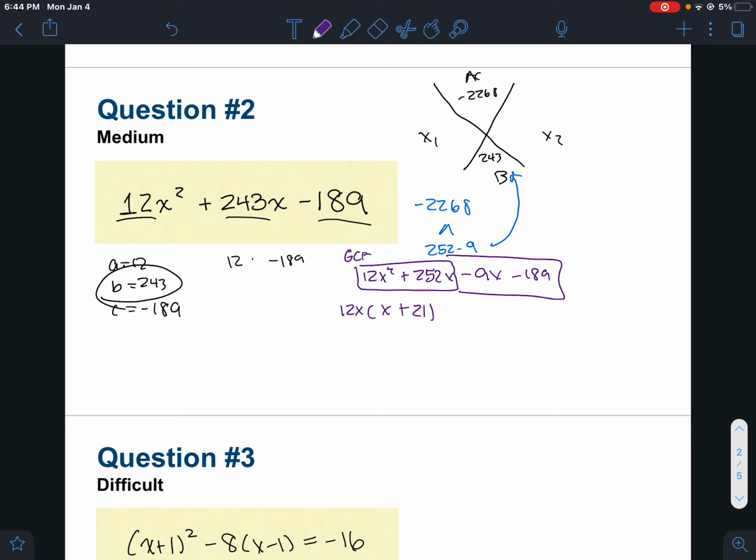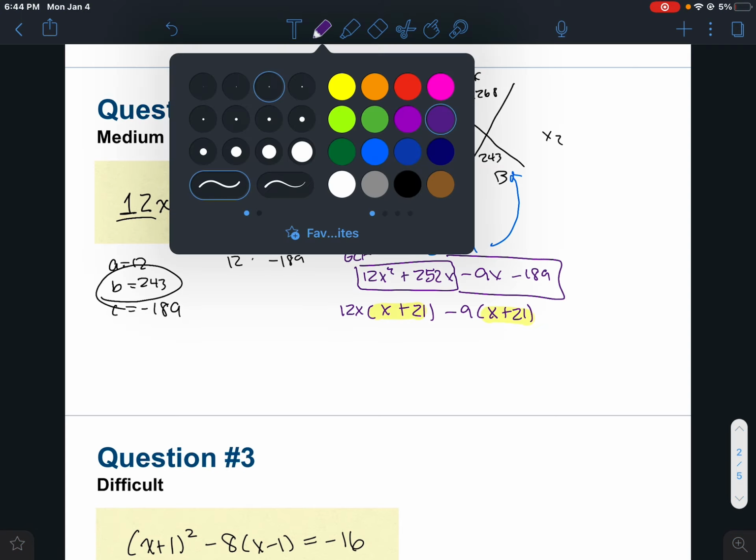And then for our next one, negative 9x minus 189. 9 does go into 189. So that should be negative 9x plus 21. And as you guys can see, the inside values are still the same, x plus 21.